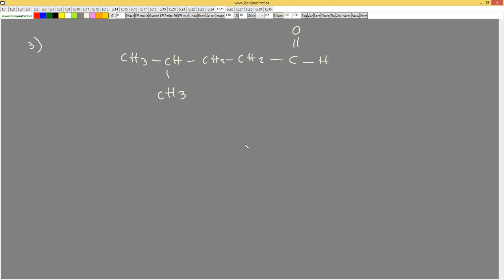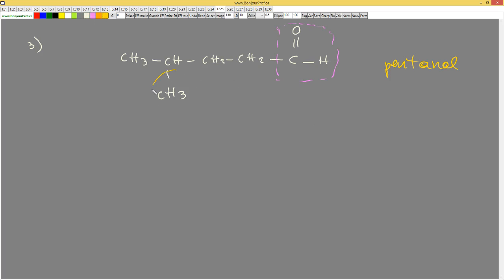The same rules that we used for alcohol and alkane, everything. First, the biggest chain: 1, 2, 3, 4, 5. So it will be pentane if it was an alkane. But because it is an aldehyde, because we have this function here, a carbonyl with the H, this E becomes al: pentanal. But wait a minute, we have a side chain here.